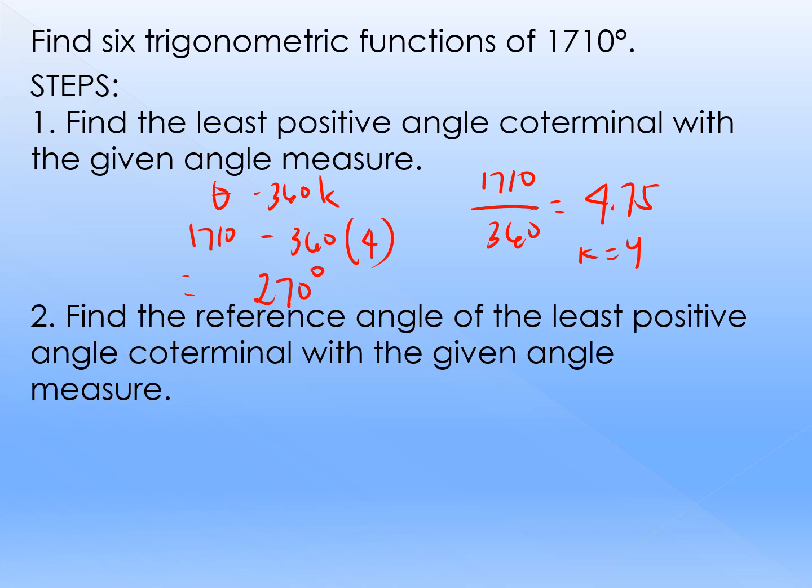The second step is to find the reference angle of the least positive angle coterminal with the given angle measure. Since the least positive angle coterminal with 1710 degrees is 270 degrees, there is no reference angle because it falls on the y-axis.